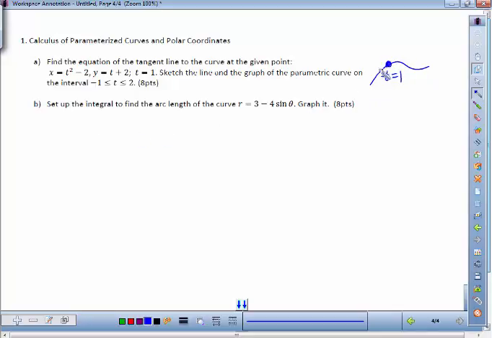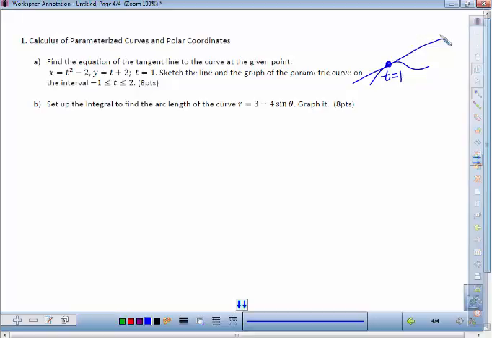And then what you need to do is you need to find the slope of this line. Now, we actually have a more sophisticated way of finding that equation of a line in 2 dimensions or 3 dimensions. But this is back in Chapter 10, where if you have parametric equations, you can find the slope.